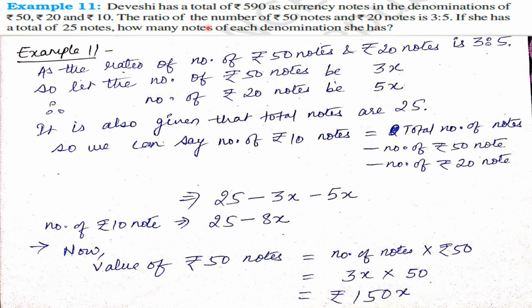The ratio of numbers of rupees 50 and 20 notes is 3:5. So the ratio of number of notes of these two is how much? 3:5. And if she has total 25 notes, how many notes of each denomination she has?